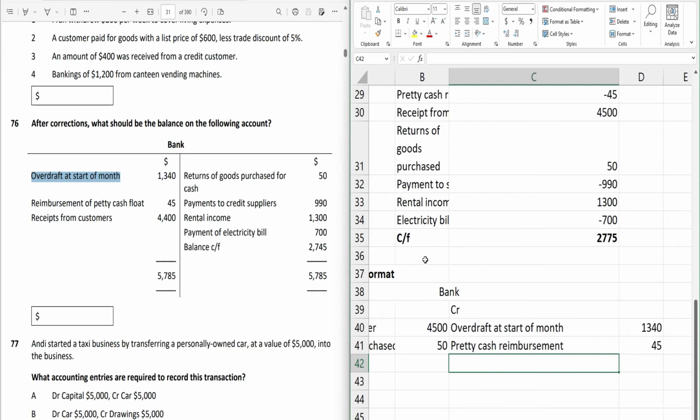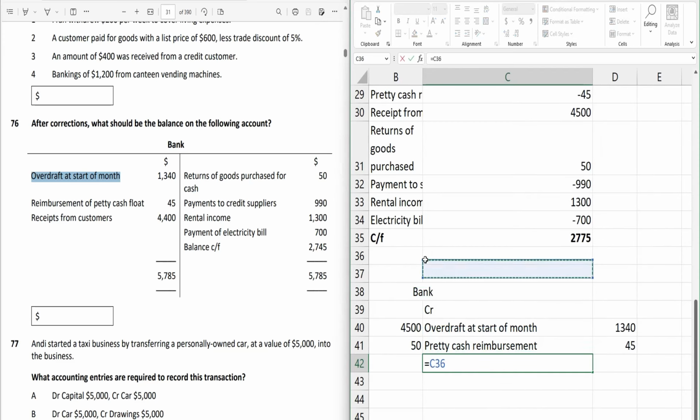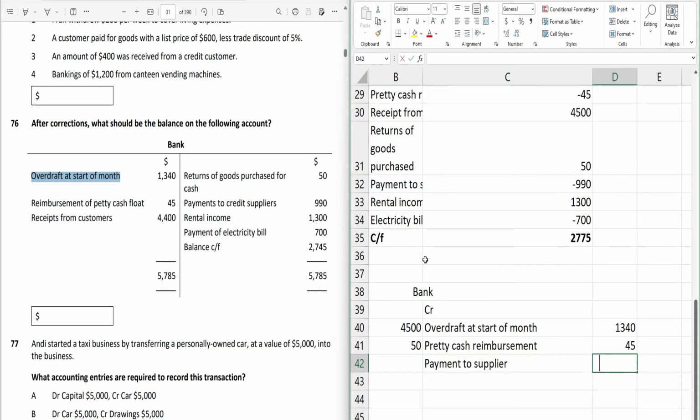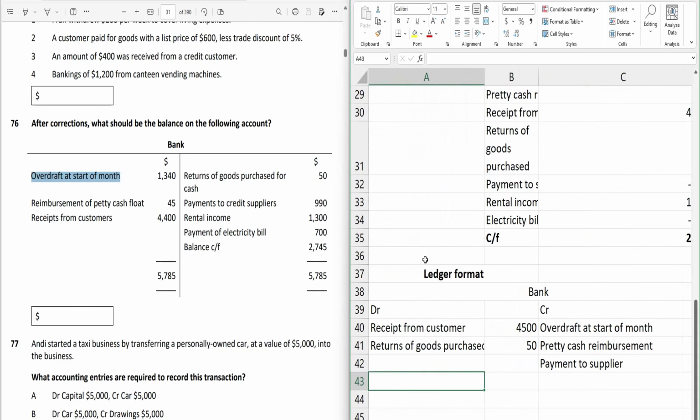We are making the payment, so it will reduce our bank balance, and the amount will be 990. Then we have rental income. Rental income will increase our bank balance. The amount we have received is 1300.